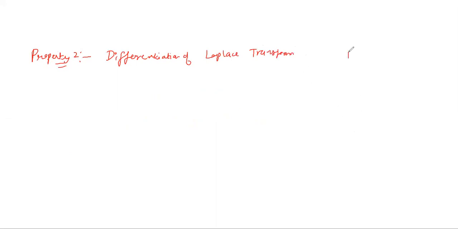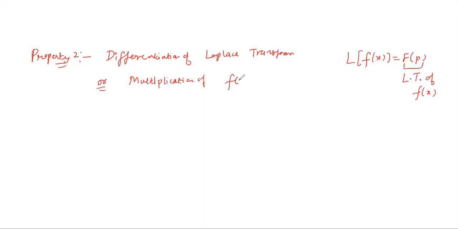You should know that if I am saying L of f(x) is F(p), then this is known as the Laplace transform of f(x). This operator is known as the Laplace operator, and the answer which we get is known as the Laplace transform, the final answer.